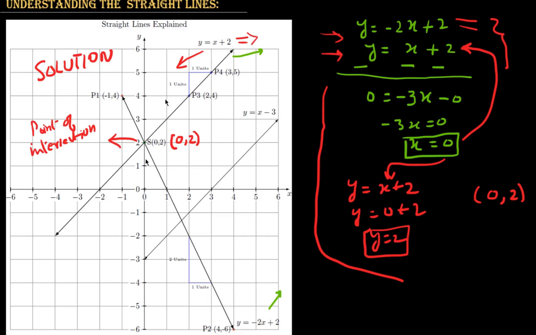Or you can use the balance method, what we were doing in the earlier chapters of this course. But if there are two simultaneous linear equations in x and y, you can solve them using the graph. Just draw the two straight lines and find the point of intersection. That will be your solution. This is your x and this is your y.